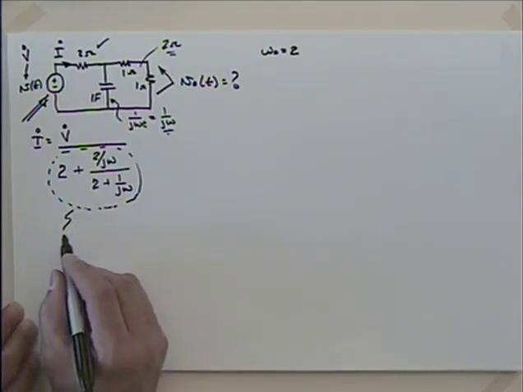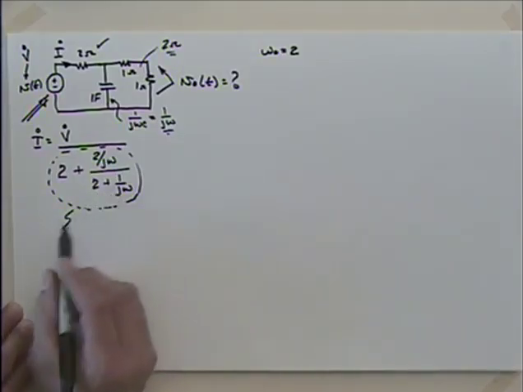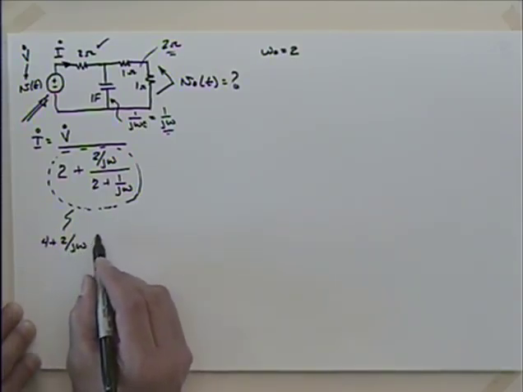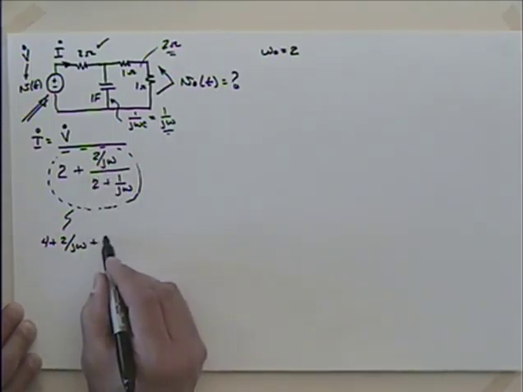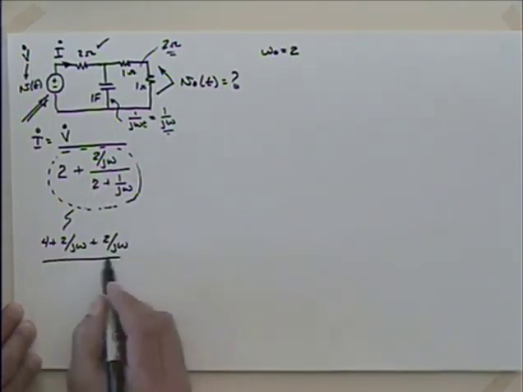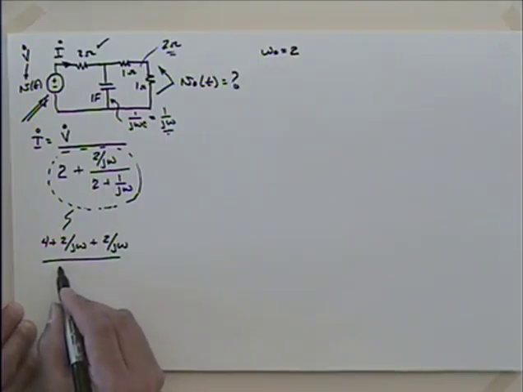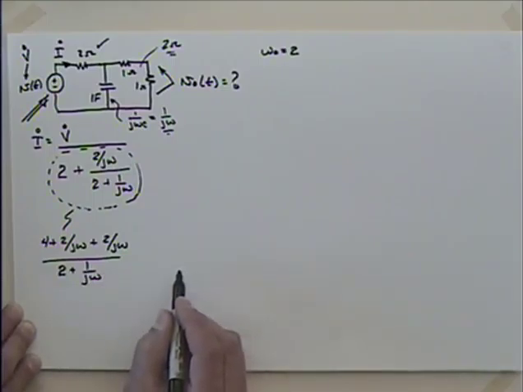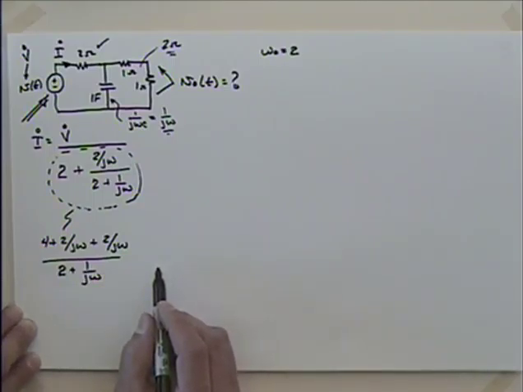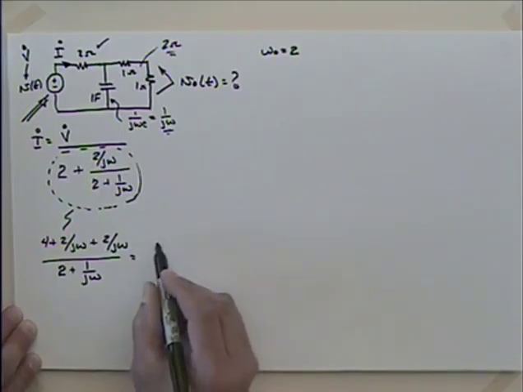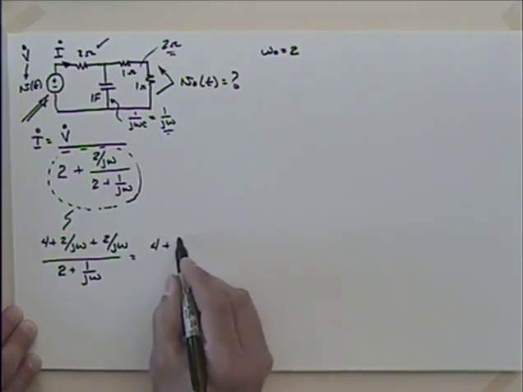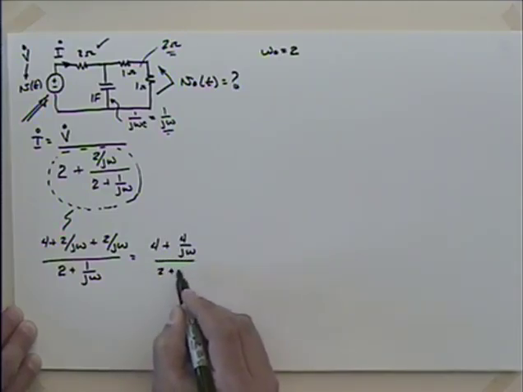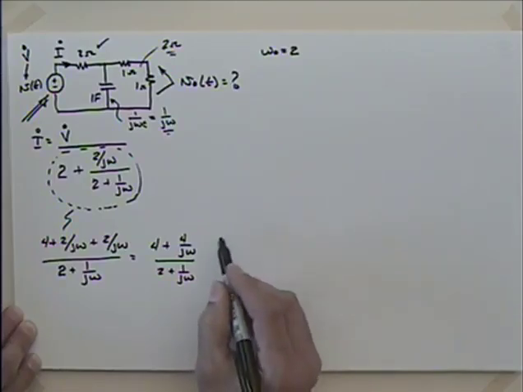I could say that was multiply both sides by the denominator, so I'm going to have 4 plus 2 over j omega, and then add it to that 2 over j omega up there, and I get then everything over this common denominator of 2 plus 1 over j omega. So let's see, this turns out to be 4 plus 4 over j omega divided by 2 plus 1 over j omega.